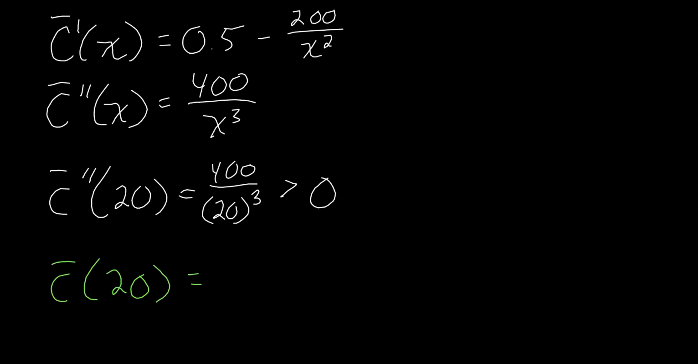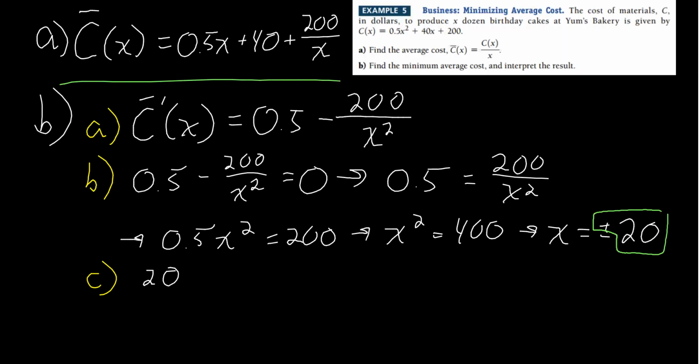So C bar of 20 is equal to 60. All right, the problem says find a minimum average cost and interpret the results. So the minimum average cost is going to be $60 per dozen. x was a dozen, so $60 per dozen is the minimum cost for this particular business model.